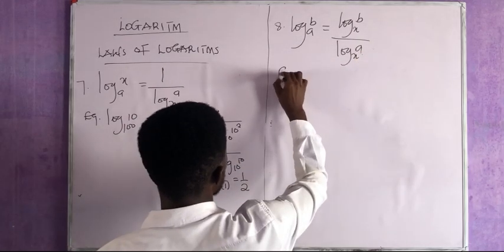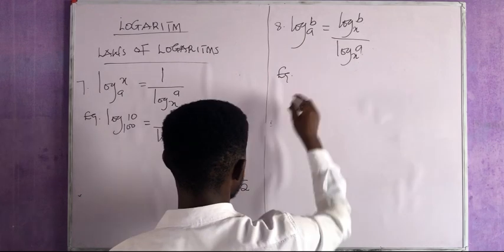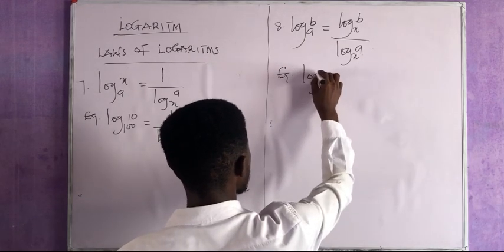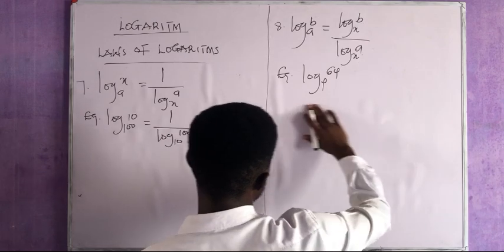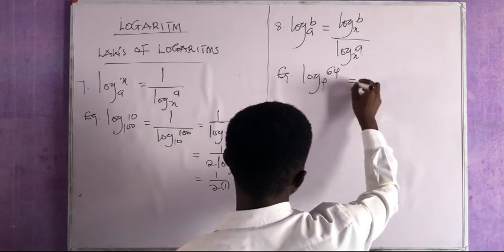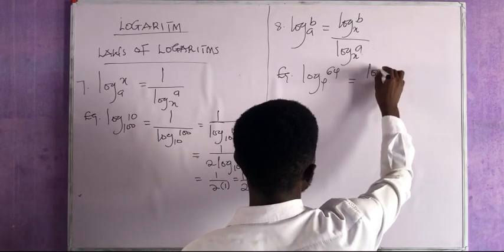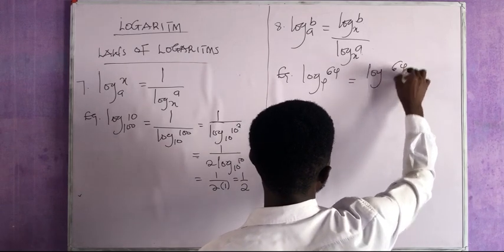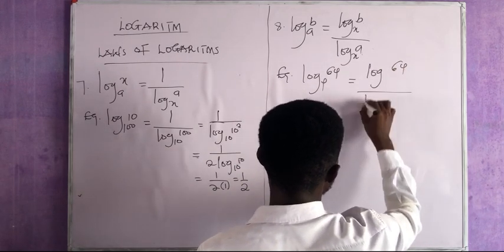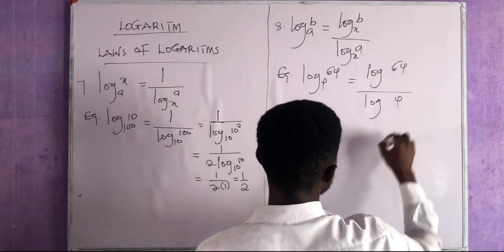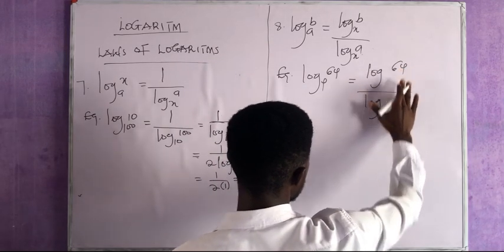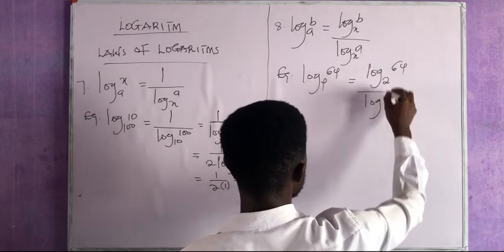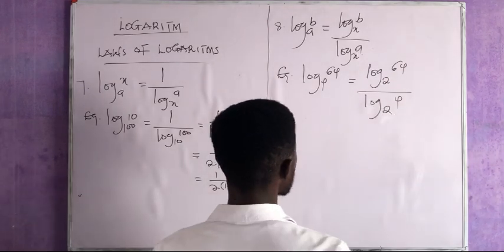Assuming I have this example, log 64 base 4, and I want to change the base, then I have to write it as log 64 over log 4. But the base that I'm going to choose has to have something to do with this and that. So if I choose this and that, that is 2.